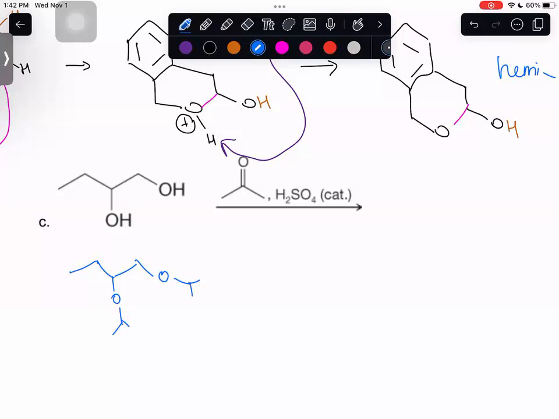Really good. Now, look, we have a molecule that has two alcohol groups in the same molecule. We saw that in a previous reaction. We formed a cyclic structure. So how would you modify it?